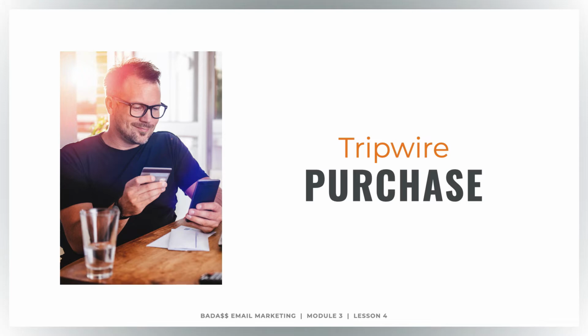The whole purpose of that is so that instead of spending the $2 or $2.50 of what I'm actually paying Facebook per lead, it actually brings it down under $1 of what I'm actually paying because enough people are buying that $27 offer to defray some of the costs. So that's a Tripwire purchase.